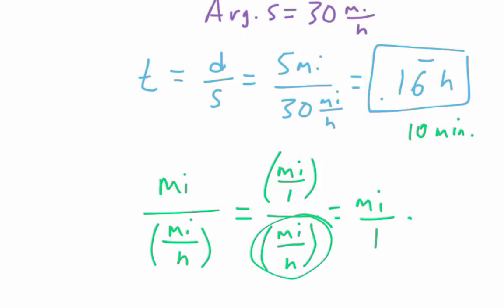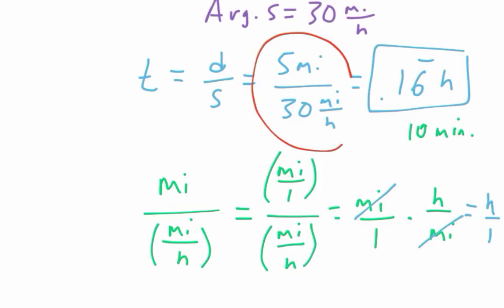Do the reciprocal, right? So if I flip it, now I have hours over miles. When we're multiplying fractions, you can cancel out something in the numerator with something in the denominator. So you're just left with hours over 1. That's why, if you have a problem like this, the miles drop out, and you're just left with H in hours per units.